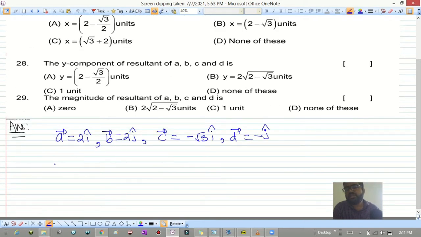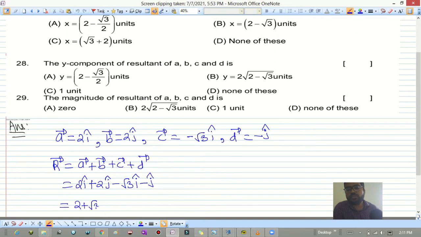The resultant is the addition of all: a bar plus b bar plus c bar plus d bar. So you will get 2 i hat plus 2 j hat minus root 3 i hat minus j hat. So you will get 2 plus root 3 i hat, this is the x component, plus j hat, this is the y component.